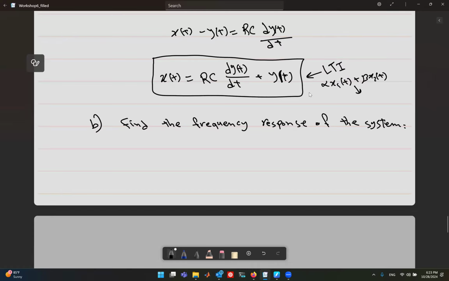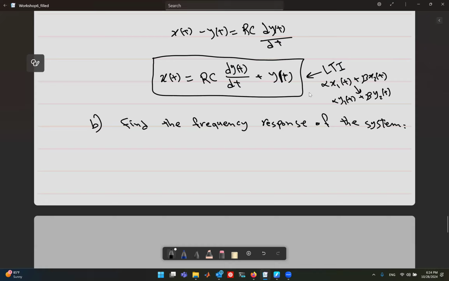And if the system is linear, its output will be alpha y1 t plus beta y2 t, where y1 t is the output when x1 t alone is the input, and y2 is the output when x2 is used as an input. The output should be the same combination using the same constants.